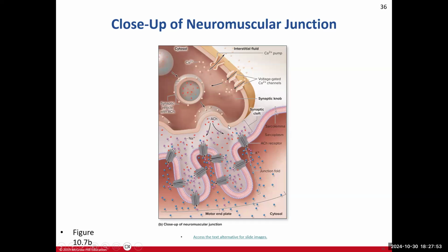Acetylcholine then diffuses across the synaptic cleft, and it'll bind on to these cation channels, and it causes them to open up. Sodium can then enter into the cell. Potassium can then exit out of the cell, thus starting to depolarize our cell, approaching the threshold value.